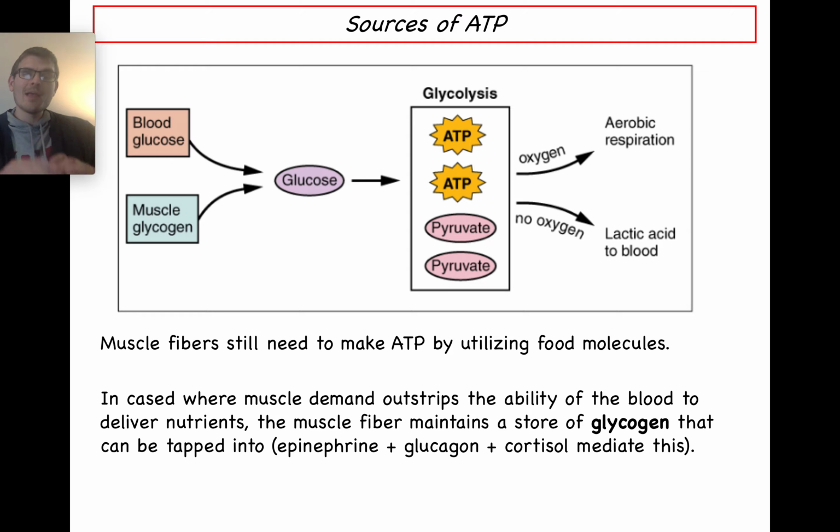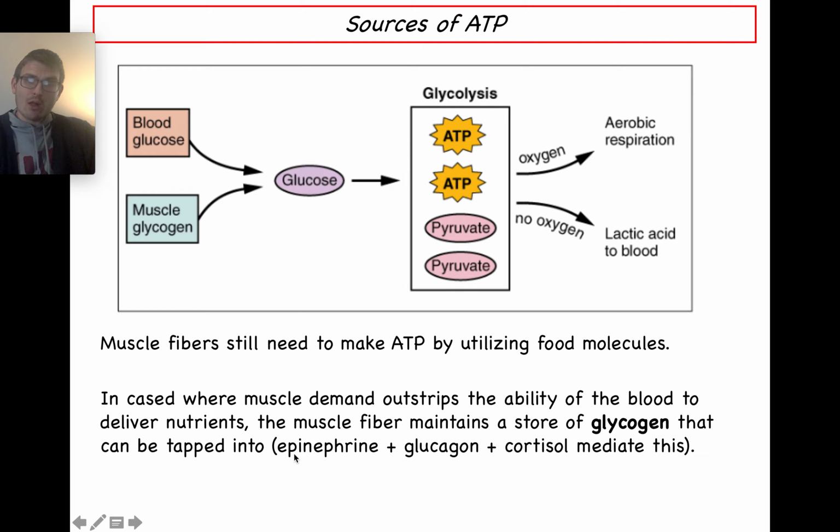As a reminder, that is a long polysaccharide, a long polymer of glucose molecules. If we start hydrolyzing glycogen to free up individual glucose molecules, now suddenly our skeletal muscle has something to feed on, something to make ATP out of.